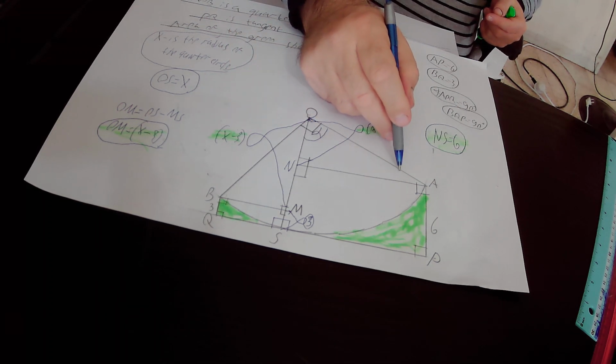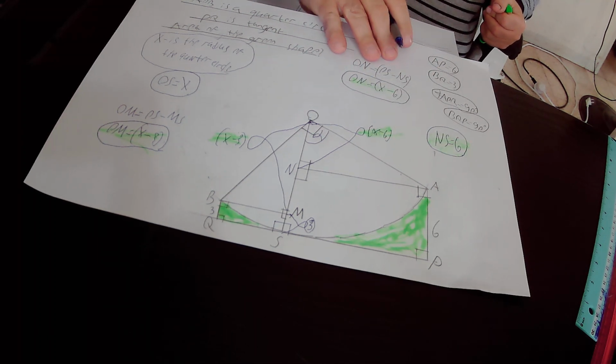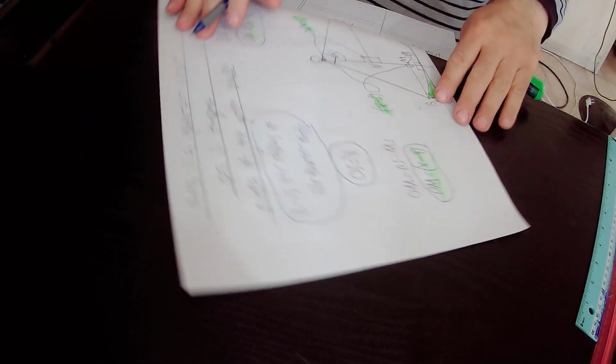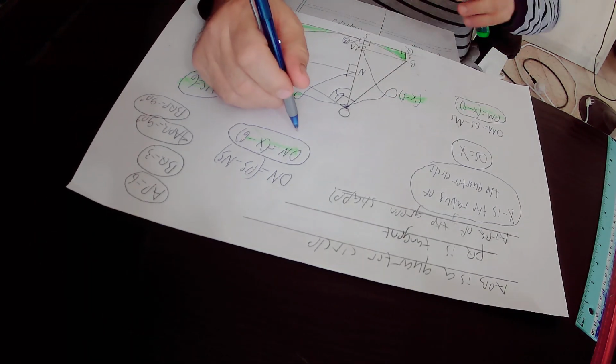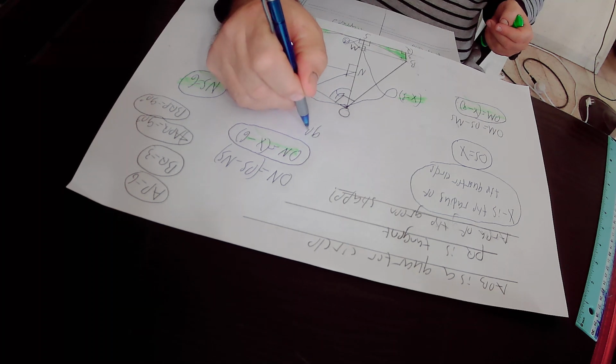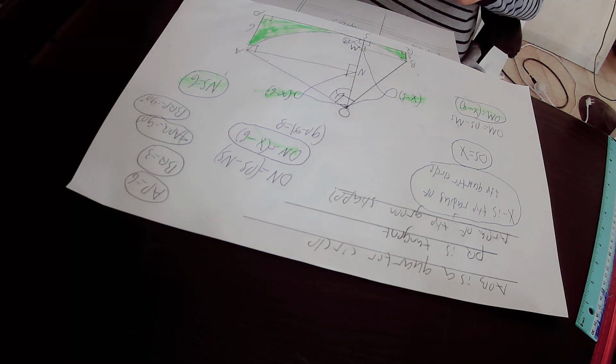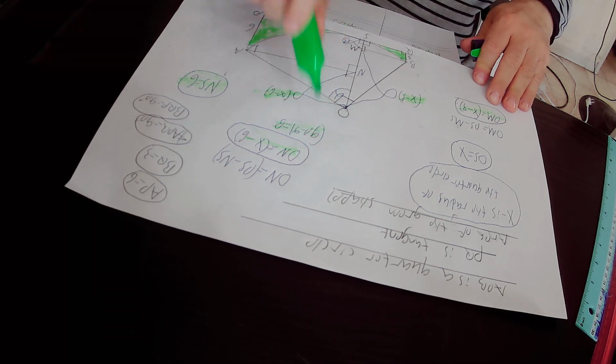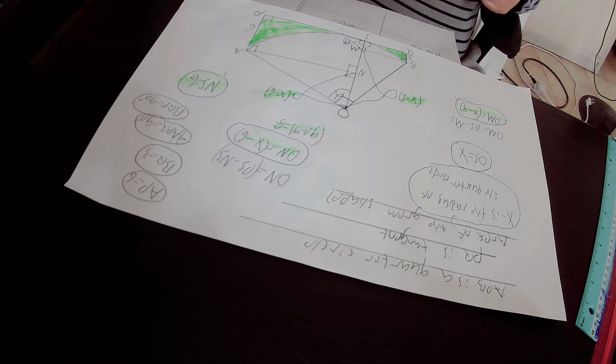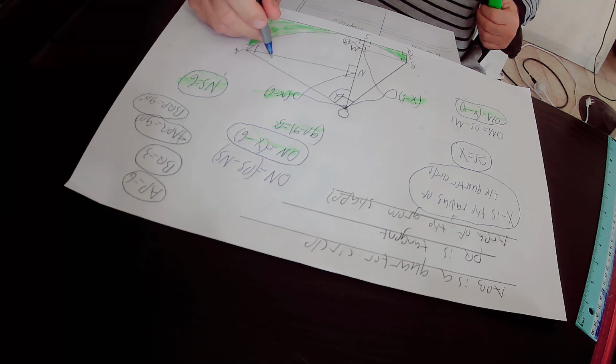Therefore, the missing angle must be equal to 90 degrees minus alpha, according to the rule that the sum of the angles in any triangle is equal to 180 degrees. So we will define that 90 degrees minus alpha is equal to beta. And therefore, the missing angle here that is equal to 90 degrees minus alpha will be equal to beta.